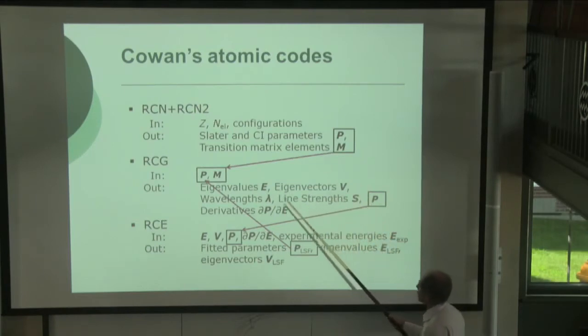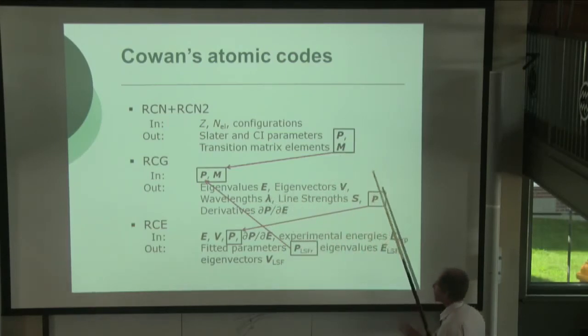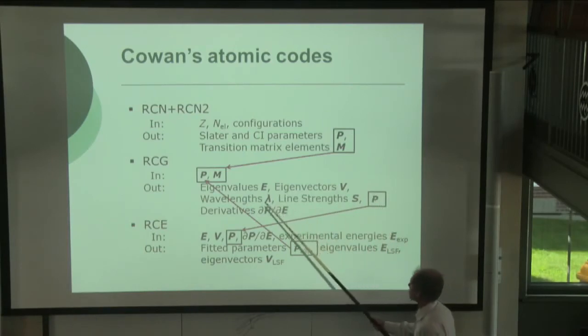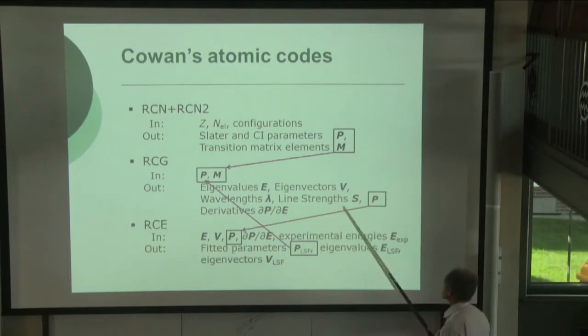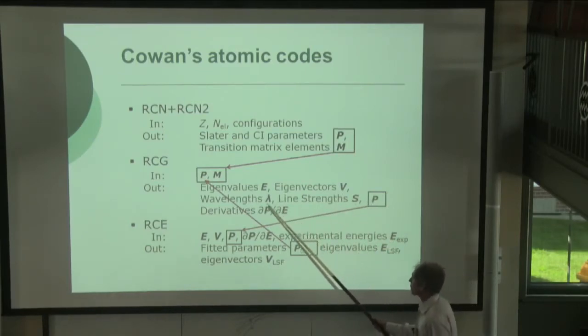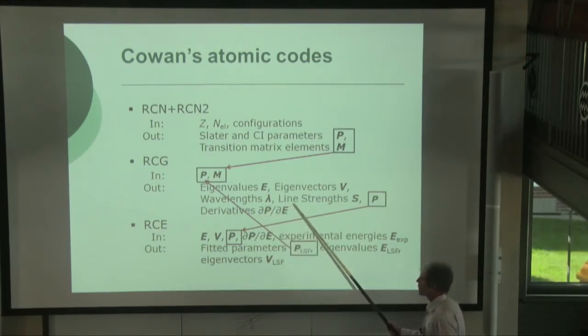And then the next code takes these parameters as input and builds the Hamiltonian matrix, diagonalizes it, and spits out the eigenvalues, eigenvectors, transition wavelengths, line strengths, and also, which is very important, a matrix of derivatives of the Slater parameters over the eigenenergies.